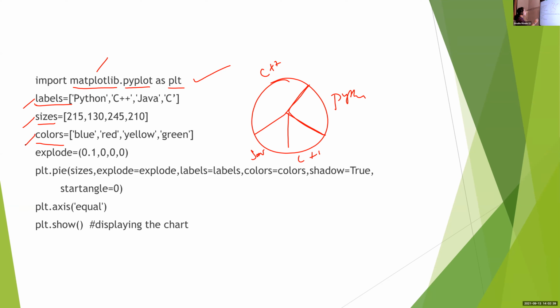Labels is the variable name used for storing the headings, for the first part, second part, third part, fourth part. Size represents the sizes for each part, and colors represent the different colors given for each part. For the first part I am giving blue, second red, then yellow, then green.